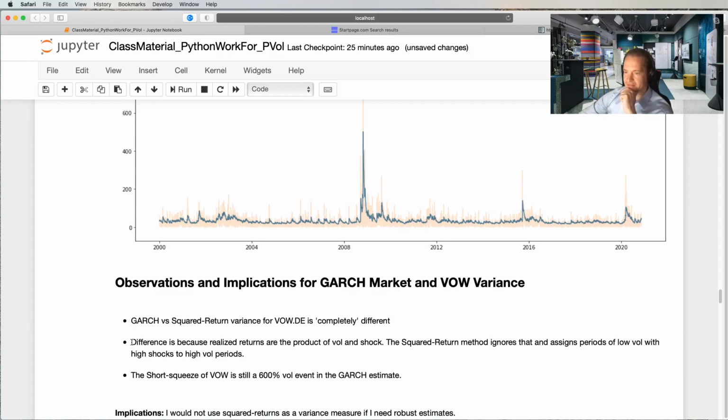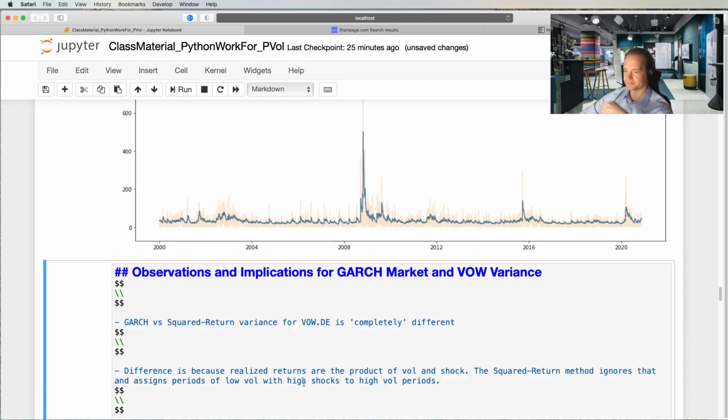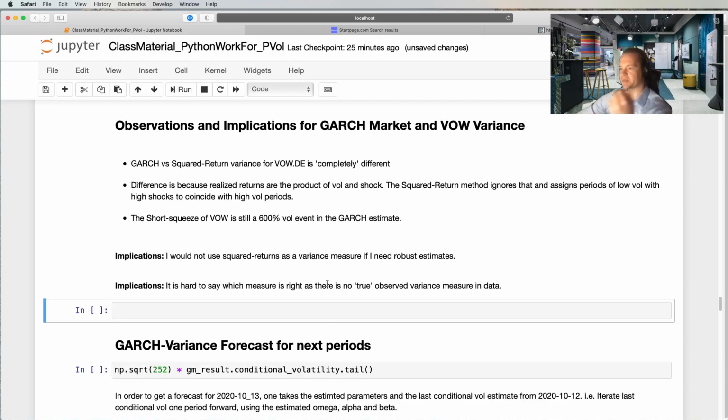The difference is because realized returns are the product of vol times shock, and the squared return method ignores that and assigns periods of low vol with high return shocks to coincide with high vol periods. So the idea is you could be in a period of low vol, but then a shock comes in like the COVID.